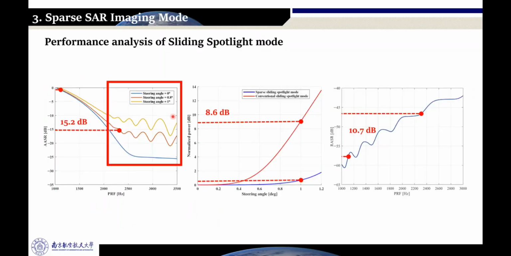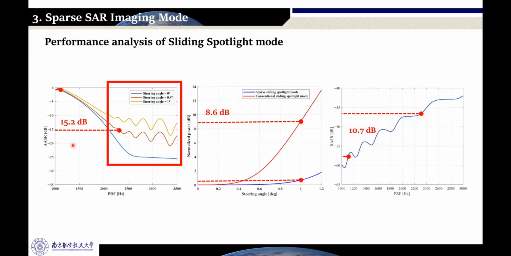We can analyze the ASR versus the PRF under different steering angles. Results show that the change in ASR becomes more obvious with the PRF increasing. The ASR increased by about 50.2 dB in sparse sliding spotlight mode, resulting in serious azimuth ambiguity.